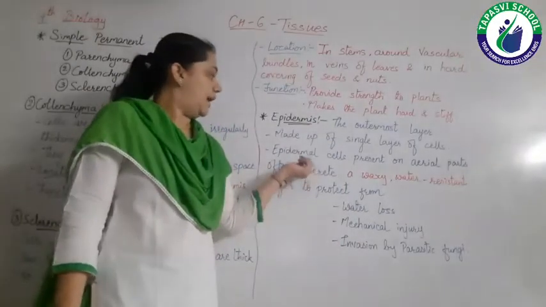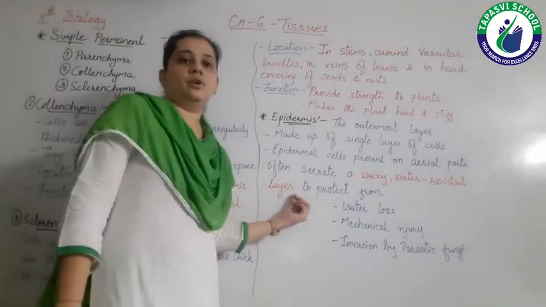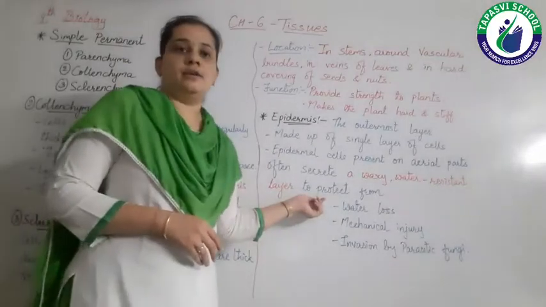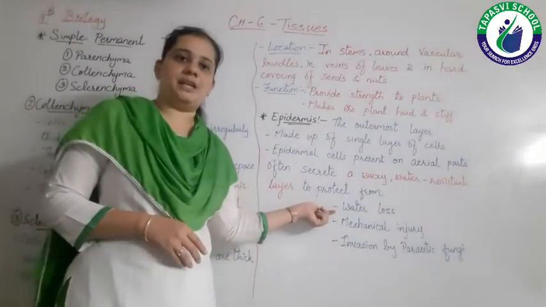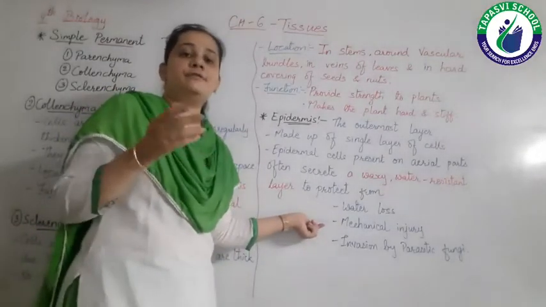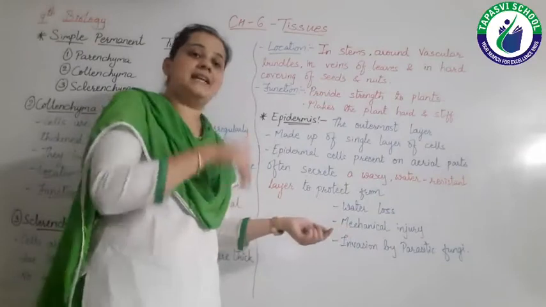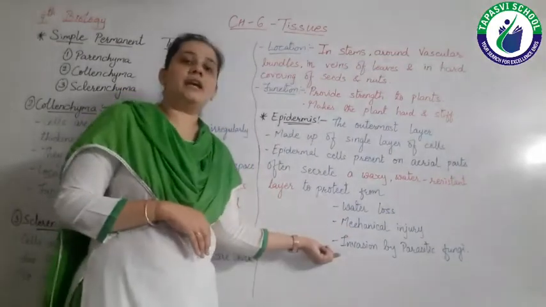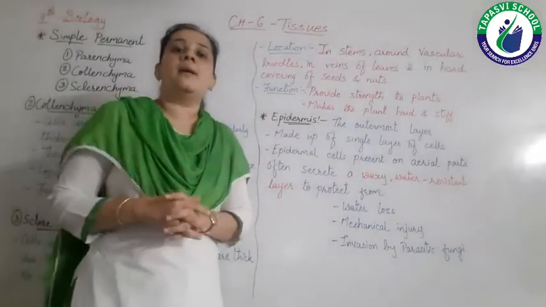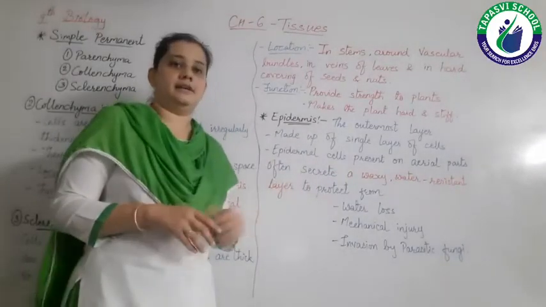If breaking occurs, it will protect them from mechanical injury inside the tissue, and fungi cannot attack and eat the plants because of the presence of this waxy water resistant layer.